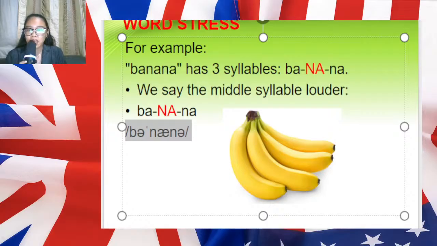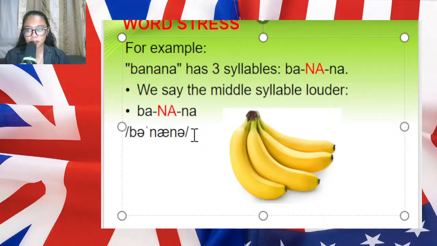Because here in IPA, every symbol, every sound, every letter has its own corresponding sound. One is to one, basically. Okay? All right. So this is the IPA transcription of the word banana.